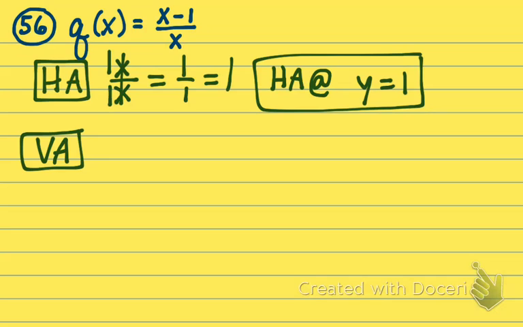So in this case, the denominator equals 0. When I write the equation, because all that's in the denominator is x, I write x equals 0. Then I've already got x isolated. That is my vertical asymptote, so that is my answer. Don't have to do anything with that one. So I know we have a vertical asymptote at x equals 0, because that's where the denominator equals 0. And those are my vertical and horizontal asymptotes.